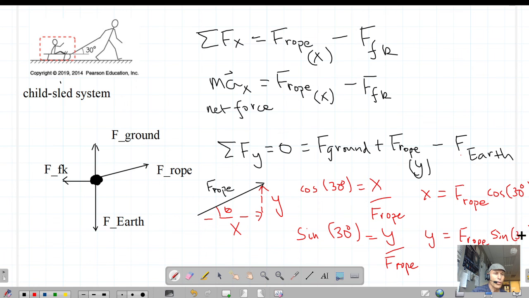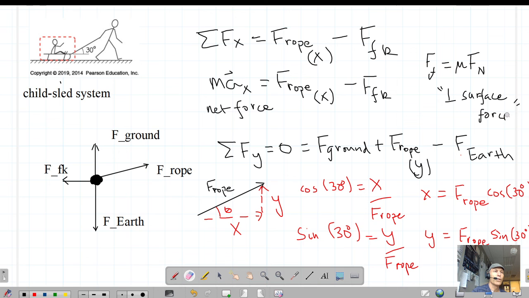Now, the last thing I want to mention is that when you're calculating the force of friction, remember that you can calculate the force of friction, whether it's kinetic or static, by using force of friction is equal to mu times whatever the normal force is, where normal force stands for perpendicular surface force, and I typically call that the force of surface rather than normal force.